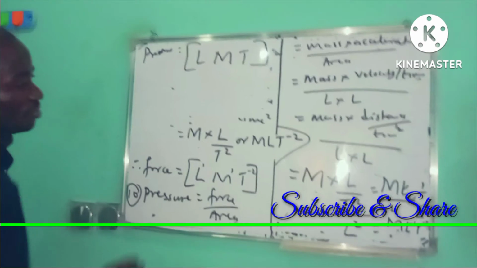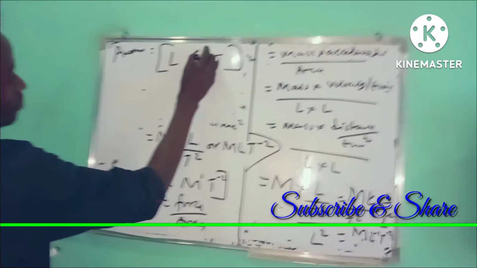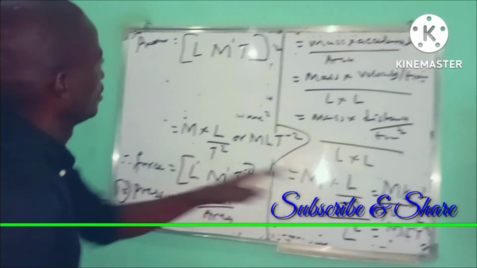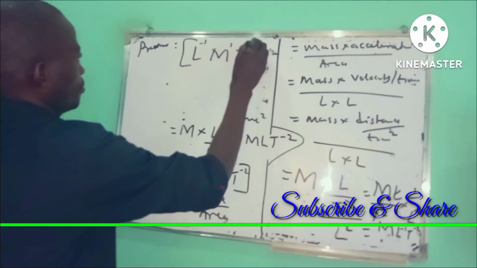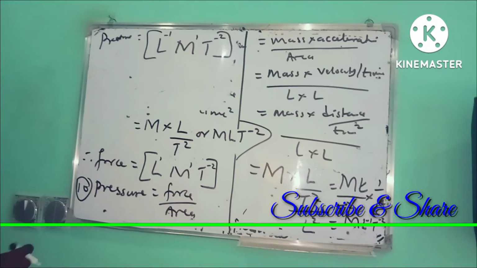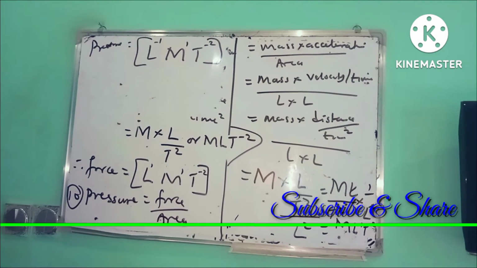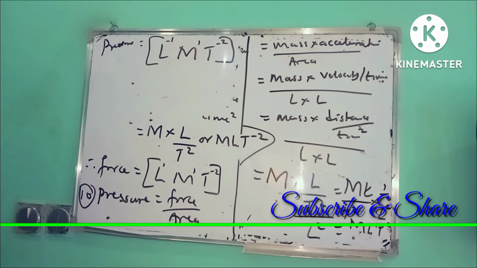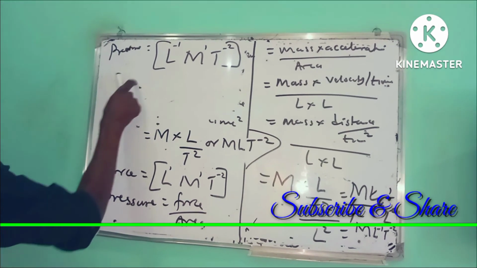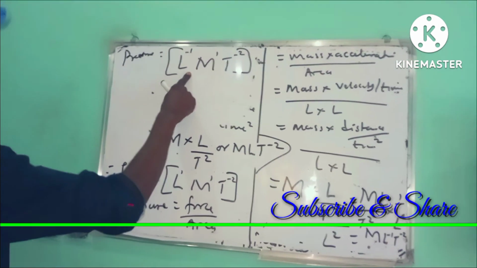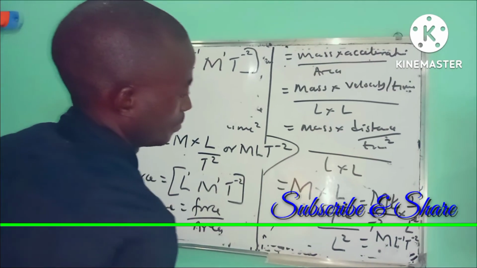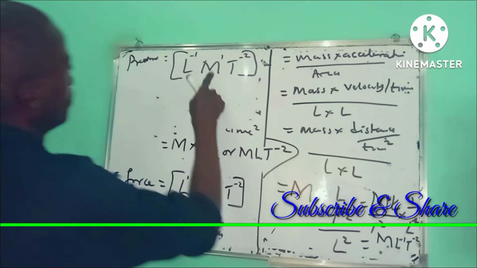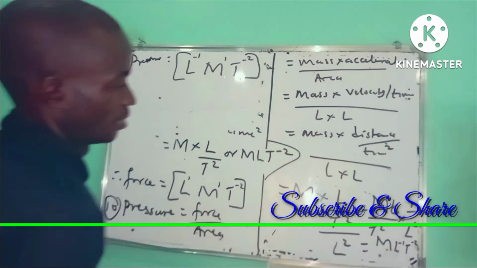Here M is raised to the power of 1, L is raised to the power of minus 1, and T is raised to the power of minus 2. So that is the dimension for pressure: L to the power of minus 1, M to the power of 1, and T to the power of minus 2.